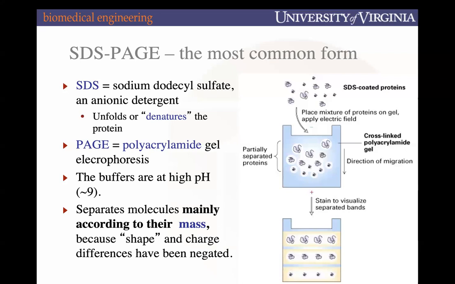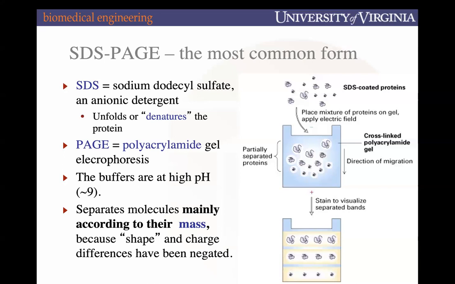And so the next piece of the acronym SDS-PAGE is PAGE, the polyacrylamide gel. Yes? So that was all SDS, and the benefit of unfolding allows it to be bombarded with a negative charge. Is that what you're saying? Yeah, I'm glad you asked that. So everything is going to have a negative charge, and negative by negative is going to repel one another to further open it up.